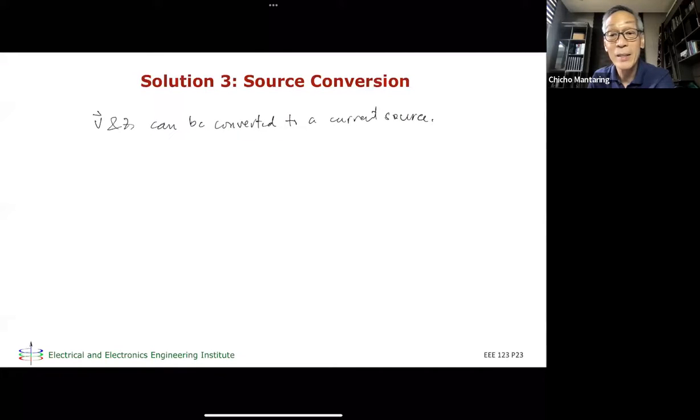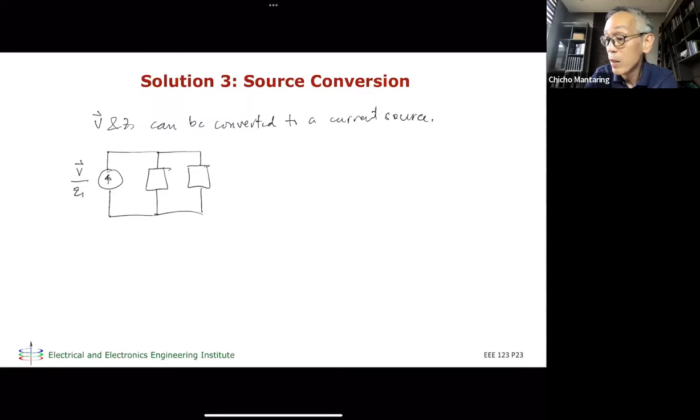Di ba? So ang mangyayari, ito current source ngayon yan, this is going to be V over J1. And then meron tayong tatlong impedances in parallel, no? This is going to be J1, J2 at saka J3.